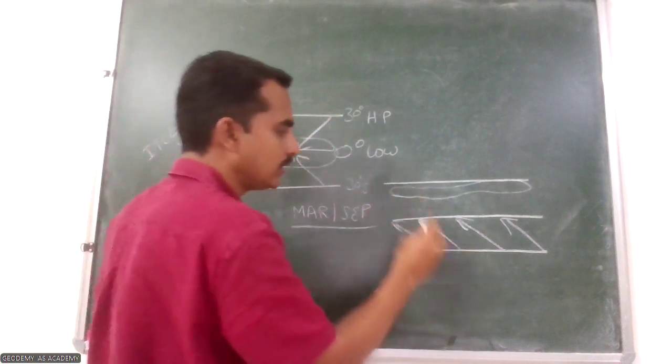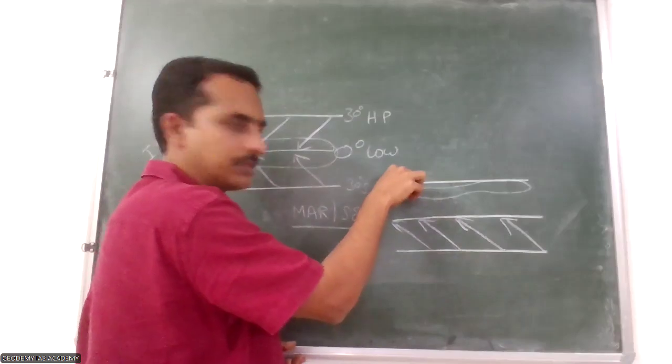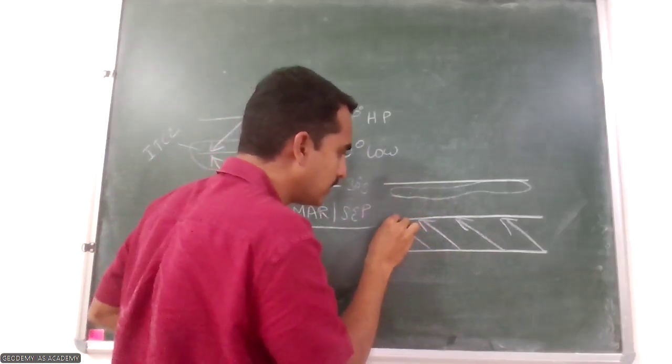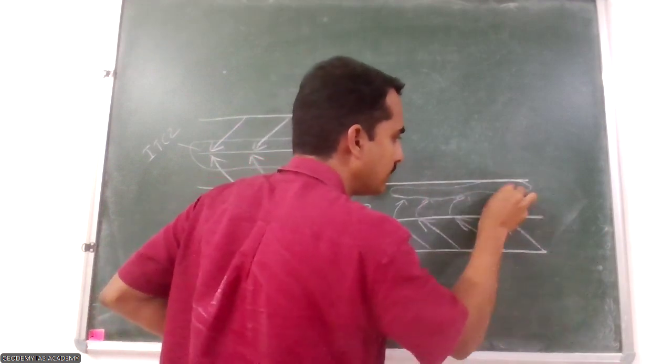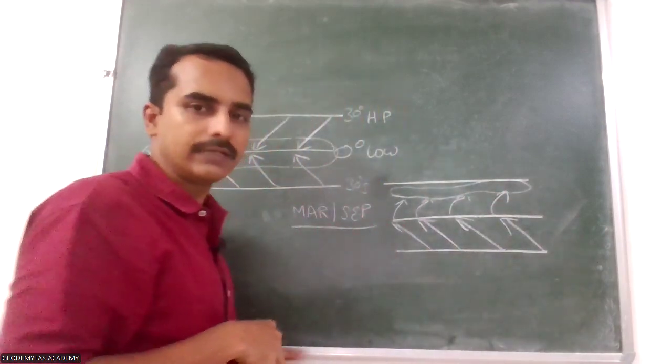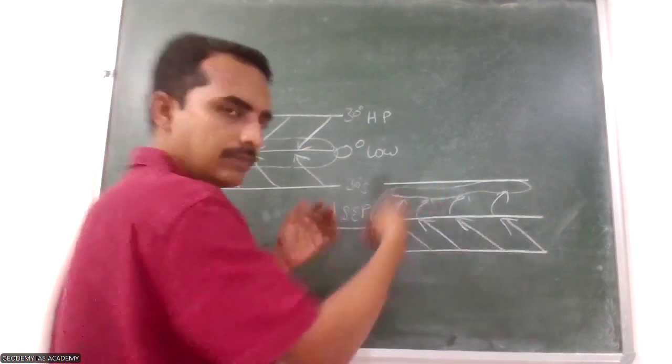Okay, so in June month, the trade wind from the south has to reach this low pressure region, and while crossing equator, due to Coriolis force, it turns to the right and fills this region, and actually it has become a southwest monsoon to us.